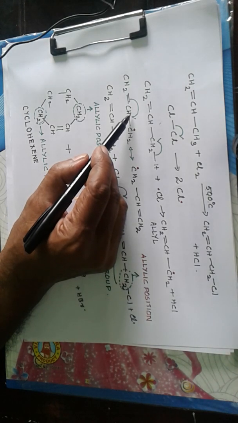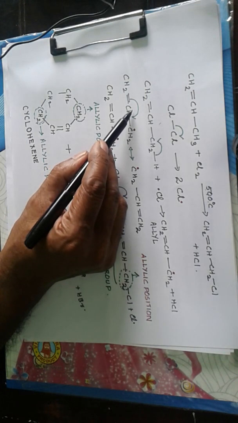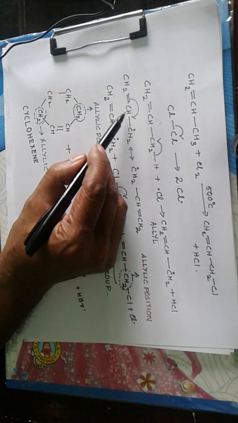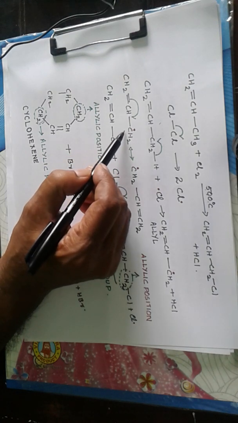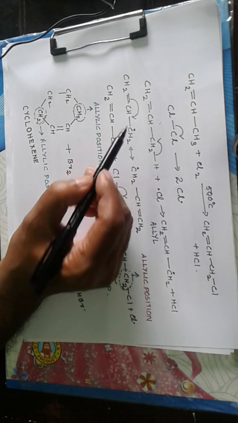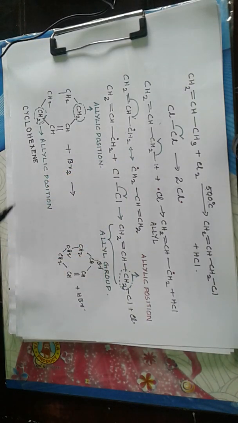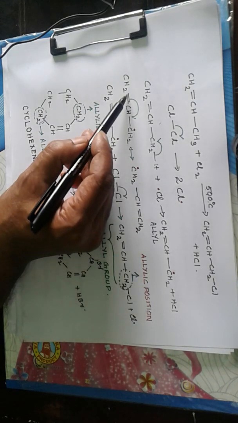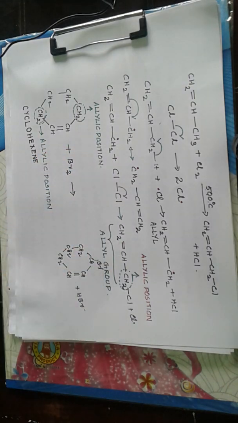Then the single electron formed over this carbon, in an orbital parallel to the orbital over this carbon containing the single electron, will overlap to form a pi bond, so that there is movement of the pi electron pair along the chain. So there is resonance stabilization of the radical, and that radical is called an allyl radical.